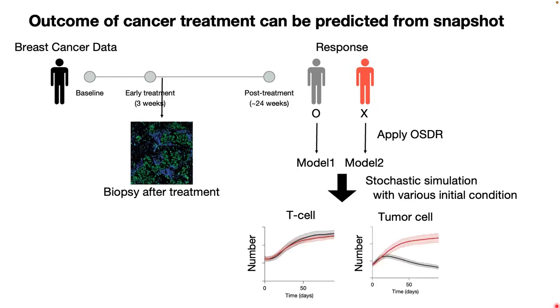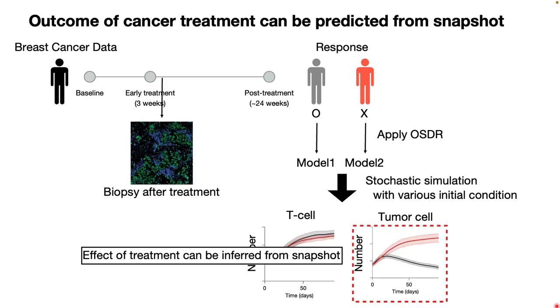However, the tumor cell trajectory was really higher in the non-response group. But in the response group, it decreased at the end. So this demonstrates that the effect of treatment can be inferred from the snapshot right after this early treatment.